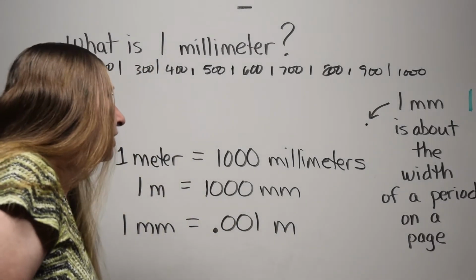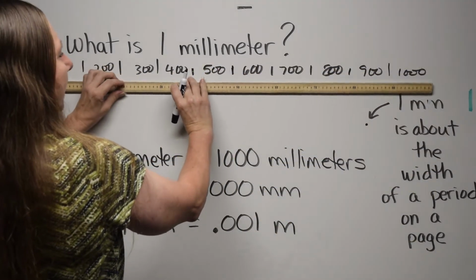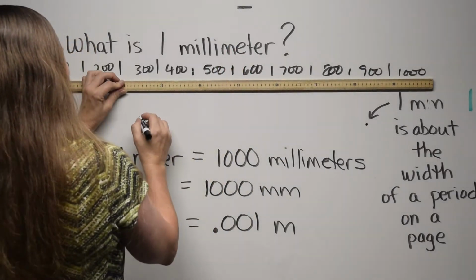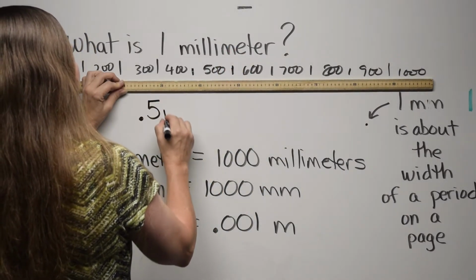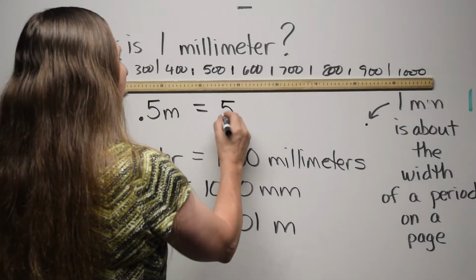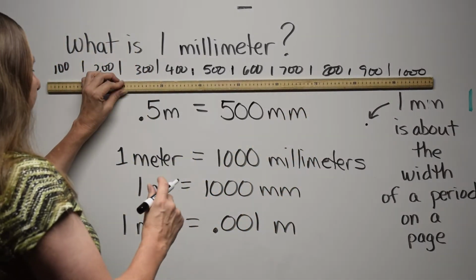All right, so for example, if this whole meter stick is 1,000 millimeters, what would half the meter stick be? Half a meter would be 500 millimeters, right?